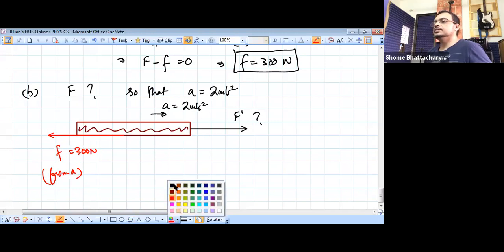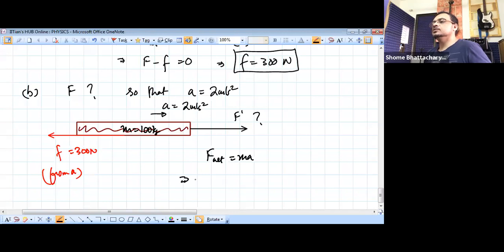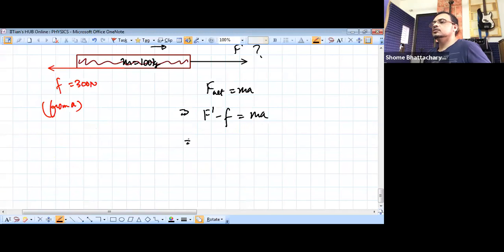So now you apply the concept again that net force is equal to mass into acceleration. The mass of the block was given to us as 100 kg. So the net force this time will become F prime minus the friction or the resistive force, and that should be equal to 100 into 2. So substitute the values: F prime minus 300 equals the mass, 100 kg, multiplied by the acceleration, 2.